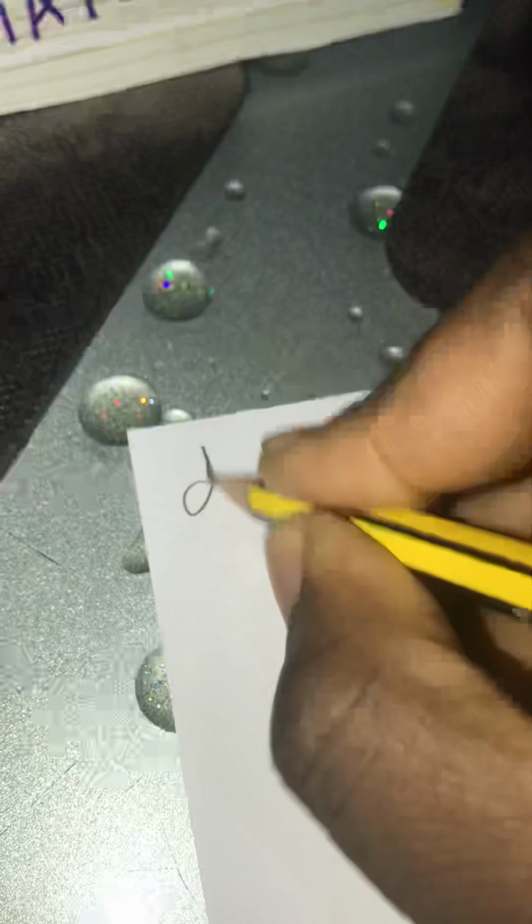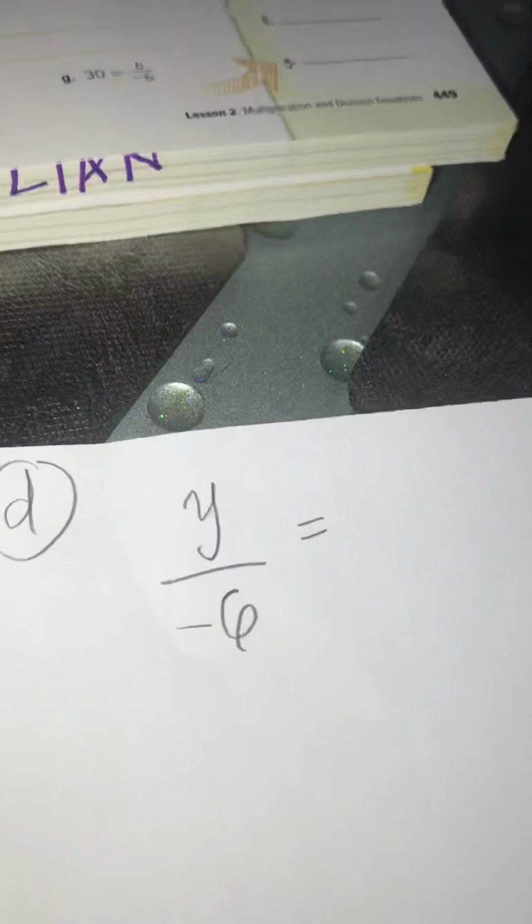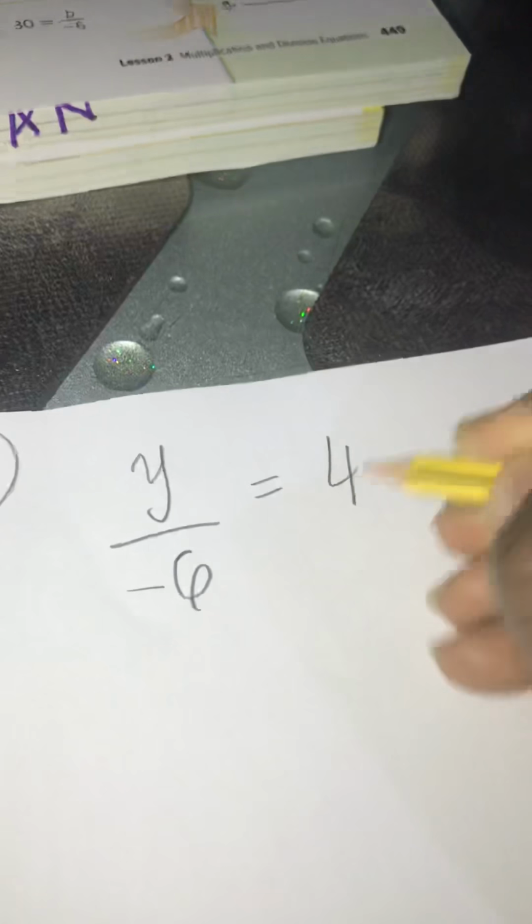Let's do examples for multiply. Okay. So I've done C, now we'll do D. Let's do y over negative 6 equals 48.